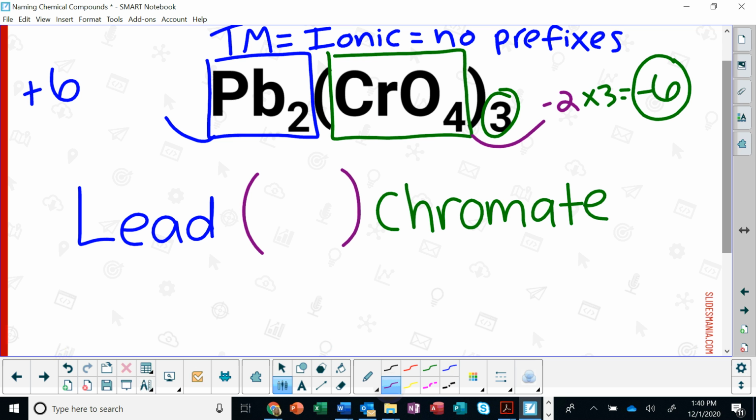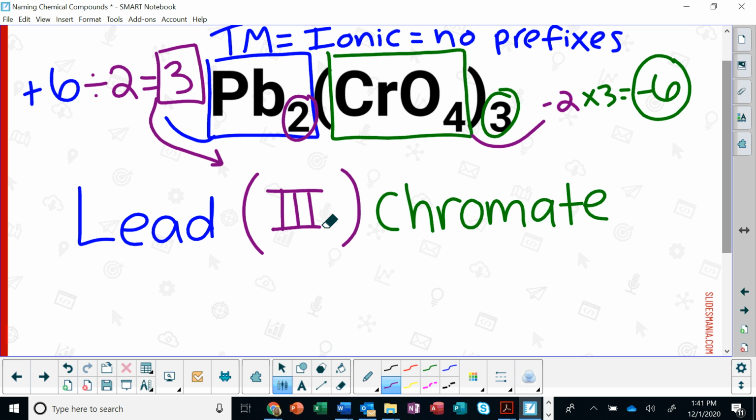And then again, we have 2 of these guys here. So on this side, we divide by how many we have, and we get 3. And that's our number. So this is going to go down here using Roman numerals. A little confusing, I know.